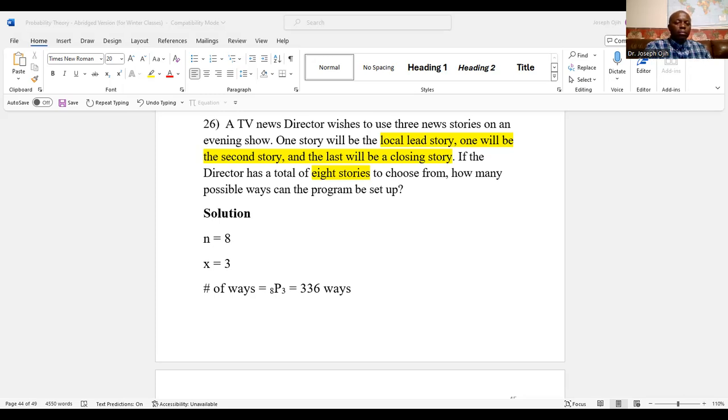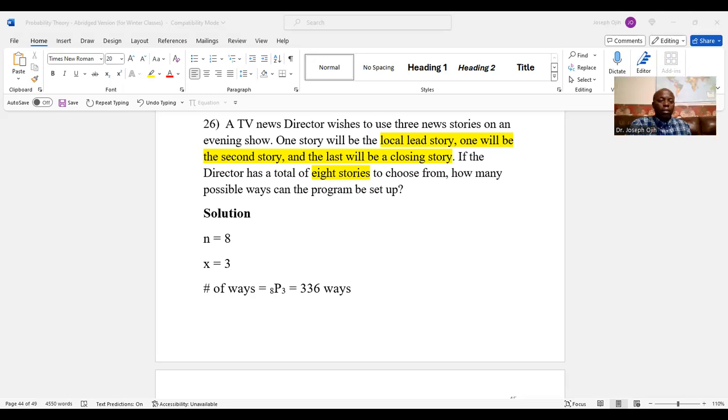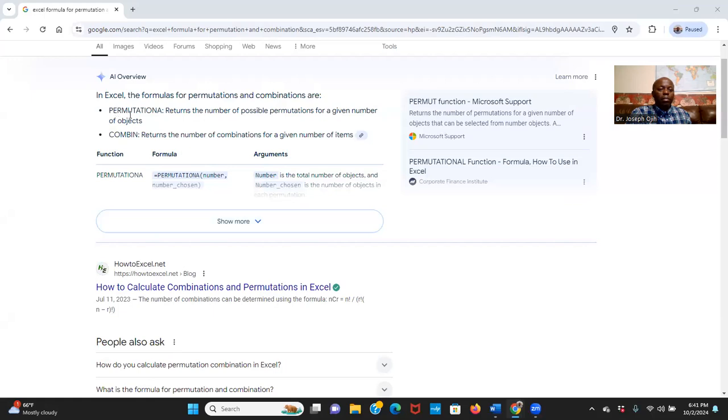So now look at that. What I said. It gives us, can you see the screen? Yes. It says permutate, then returns.